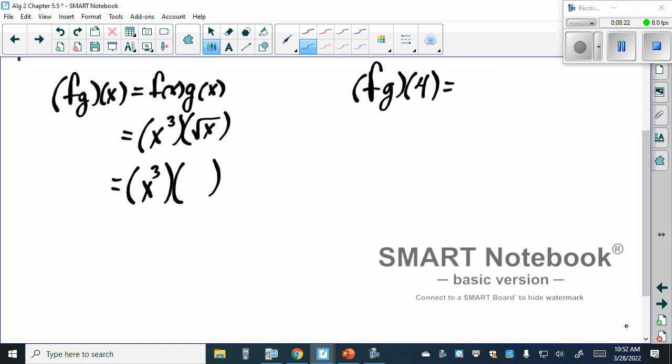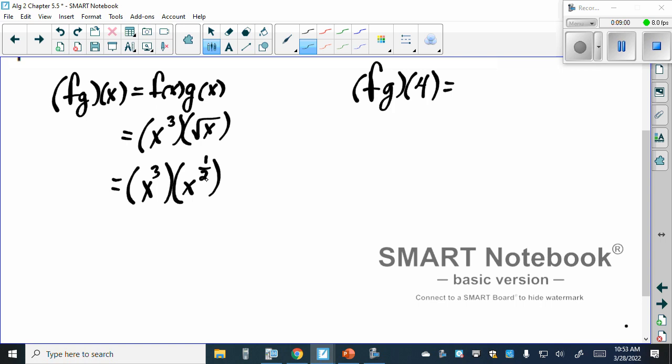If I rewrite the square root, it's going to be x to the 1/2, because our square root is going to be 1/2. And in this case here, it's just 1/2 because the x inside the radical doesn't have an exponent to change the numerator from 1. If we had the square root of x cubed, we would have had 3/2 because that exponent would change it from 1 to 3. Any questions on this here?